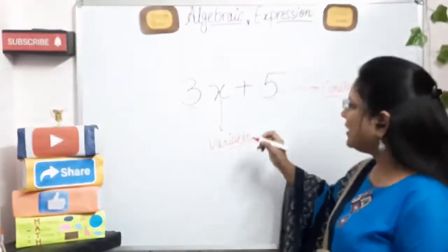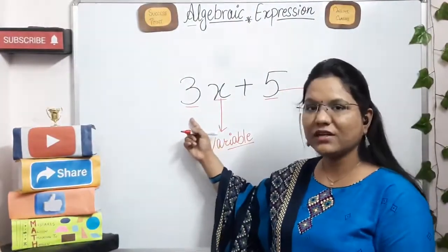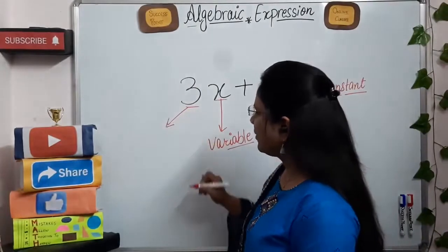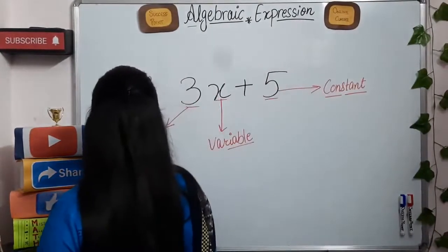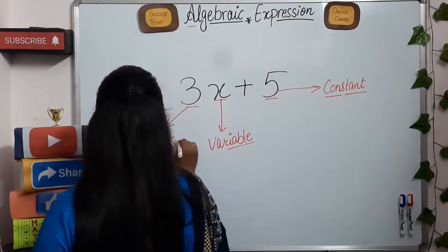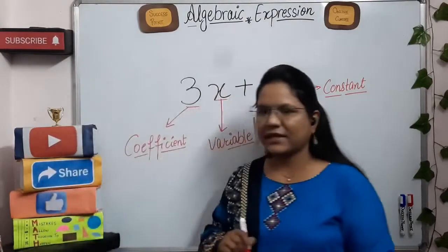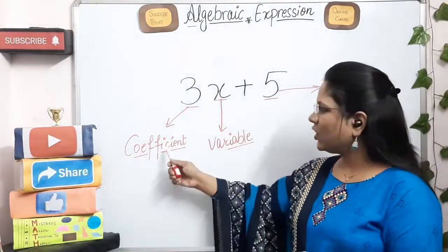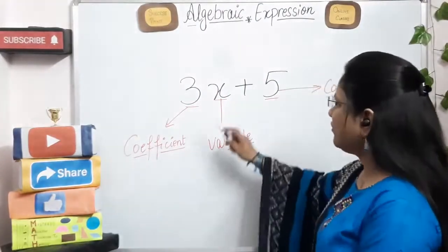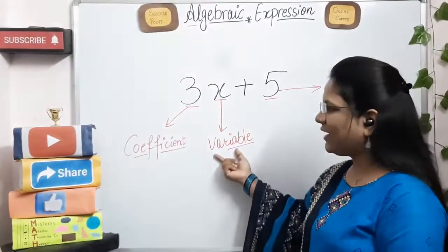Now the numbers with variables. We have the number 3, which is with a variable. So what can we call this 3? We can call it a coefficient. Now let's revise it again. If we have a letter, we call it a variable.